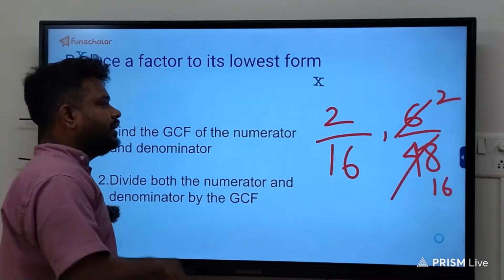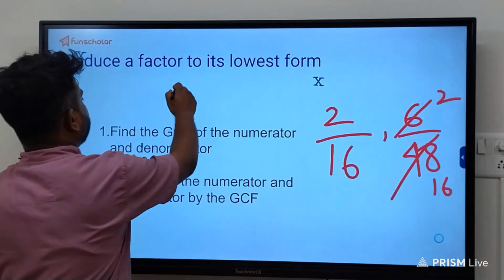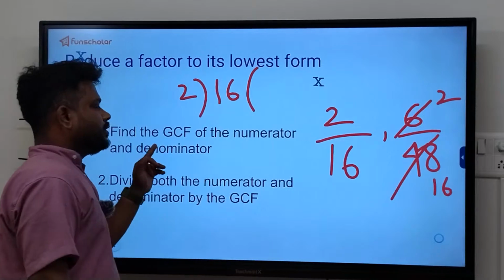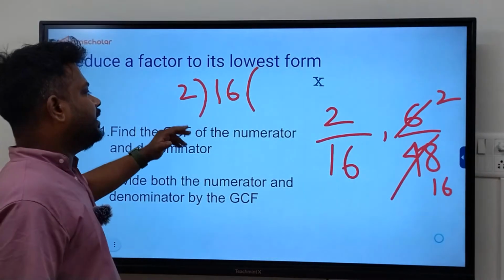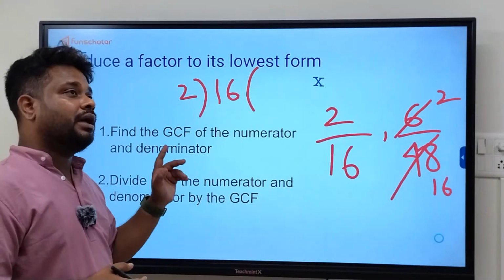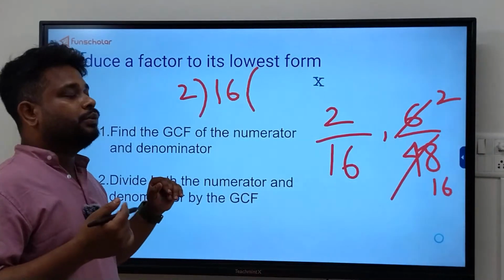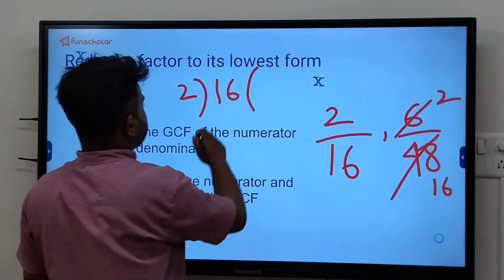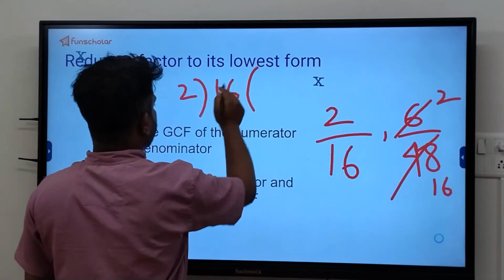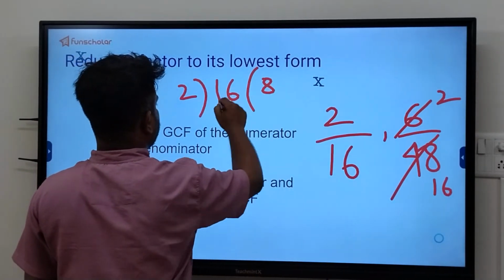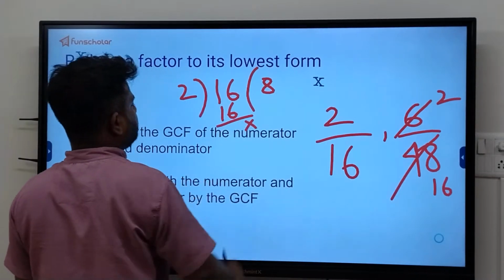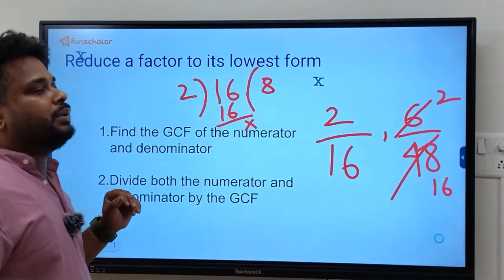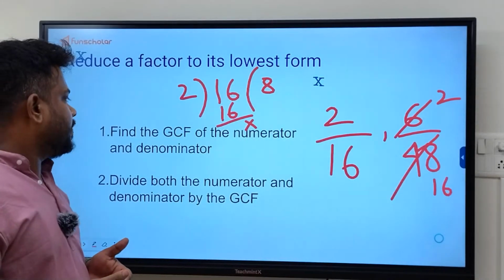If you want to learn it from the theory, then we have to find the GCF, or greatest common factor, to find the number by which we should cancel. From 2 and 16 we can tell that 2 is the GCF, because 2 can easily divide 16, so 2 will be the greatest common factor.